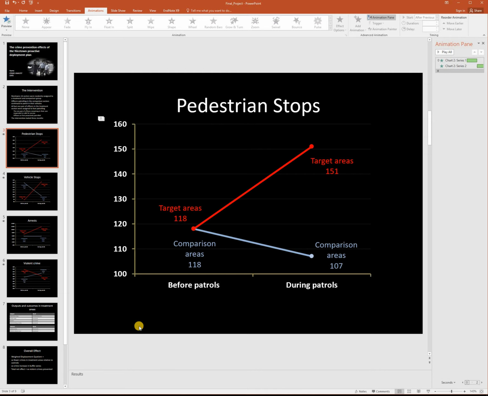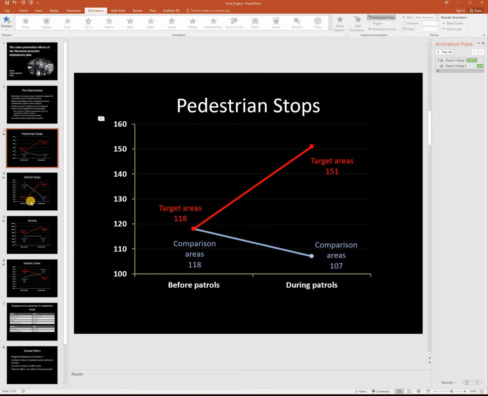If we look at these trends over time, we found that in the areas where officers were on foot, proactively policing, those pedestrian stops went up to 151. However, in the comparison area, we saw a decline in pedestrian stops from 118 to 107.